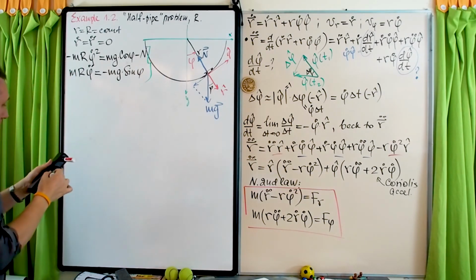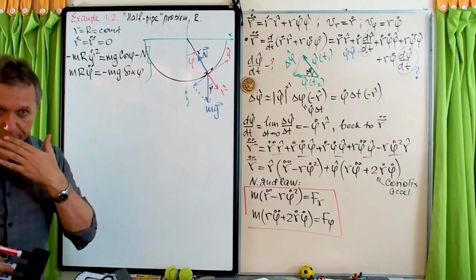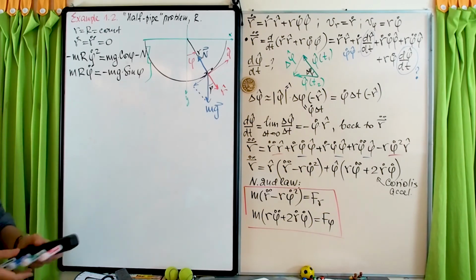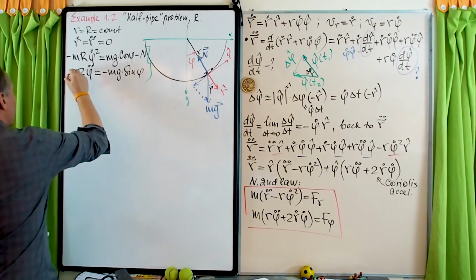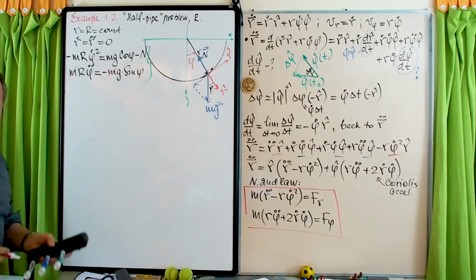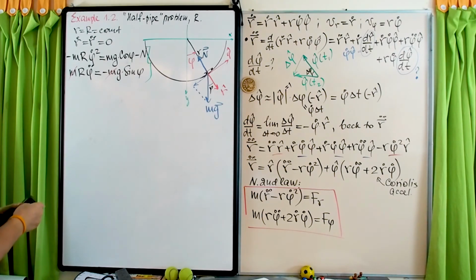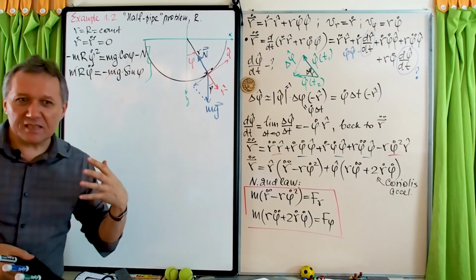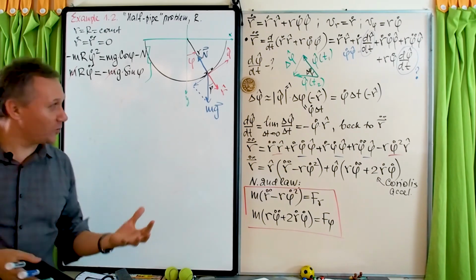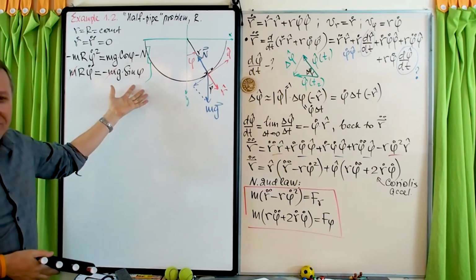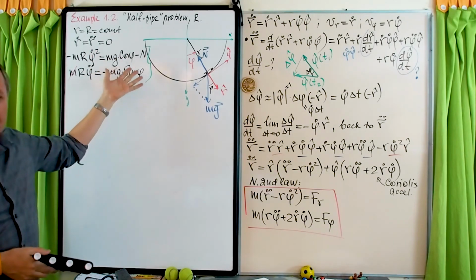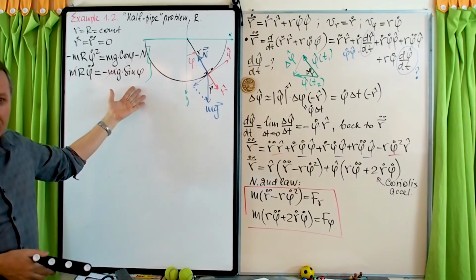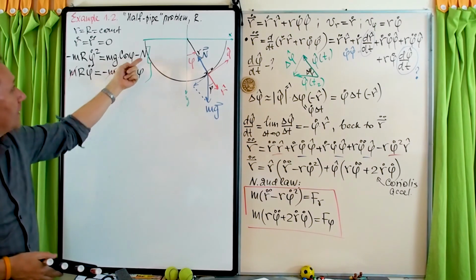First of all, mass cancellation can be done in the second equation, right? So this m and this m can be cancelled. They are semi-coupled, because the second equation is basically decoupled. But in the first equation, of course, you need the results of the second equation. So there are two unknowns, N and phi.